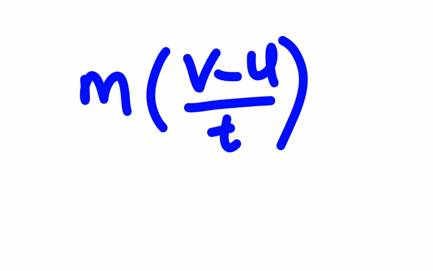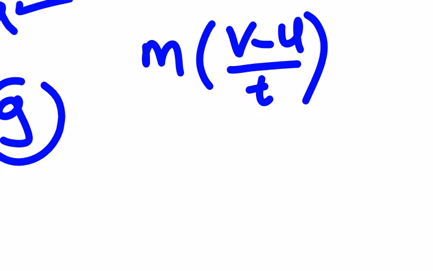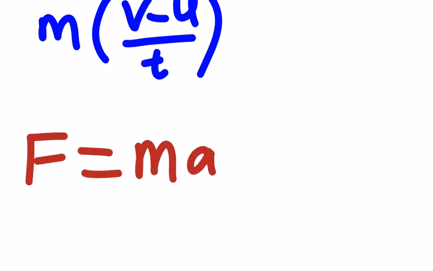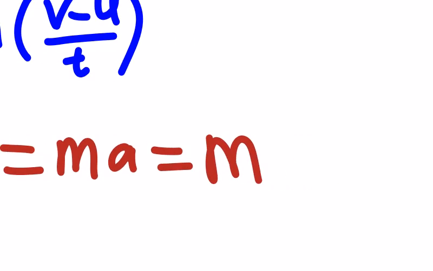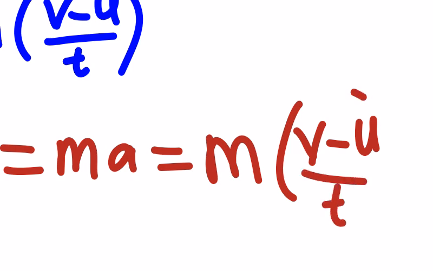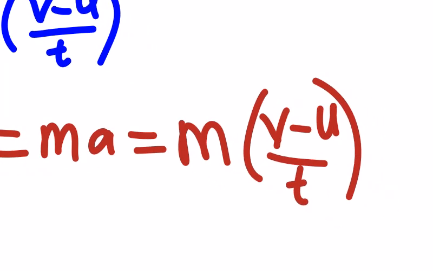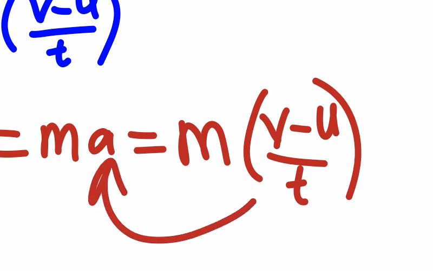So now, instead of calculating force as F equals ma, I can calculate force as F equals m open bracket v minus u all over t. Why? Because v minus u all over t is equal to acceleration.